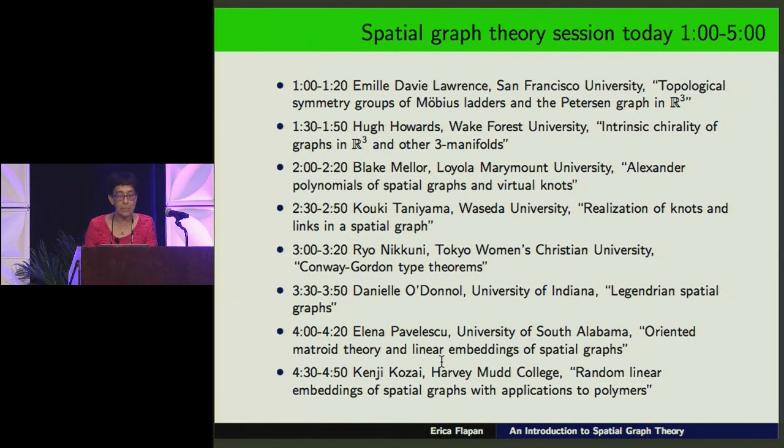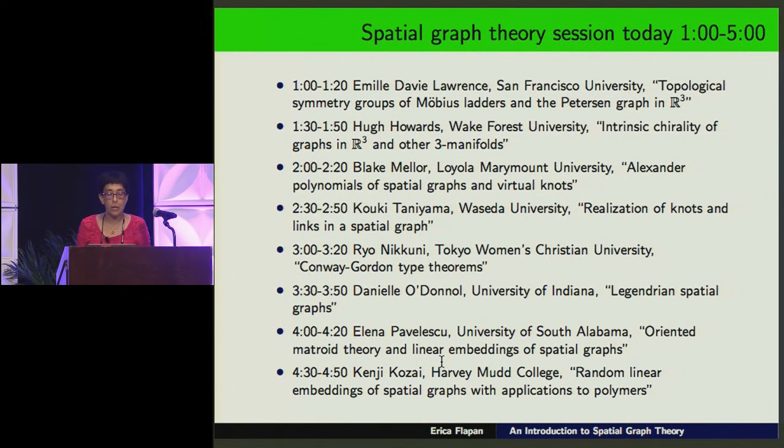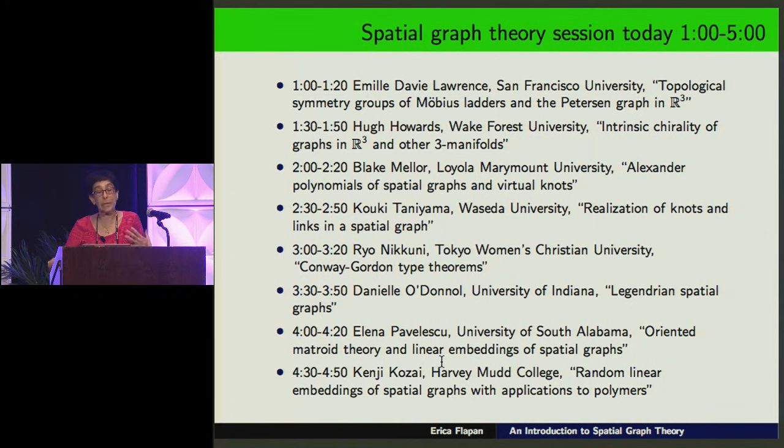And then we have some things that I have not yet introduced, but you can see that we're going to understand better the relationship between spatial graphs and knots in one way or another. And then there's more things which I haven't introduced, but you will see them if you come to our session this afternoon. Thank you.